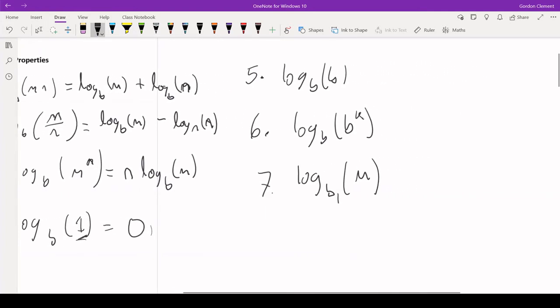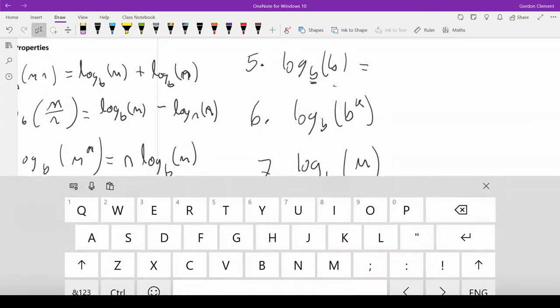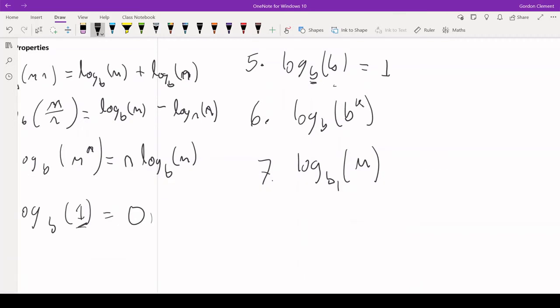And then just some other basic logs. If you're doing log base b of b, what's the exponent on b that gives b as the answer? Well, the exponent there is 1. And similarly, what's the exponent on b that gives b to the power of k as an answer? Well, the exponent is k, whatever that is.